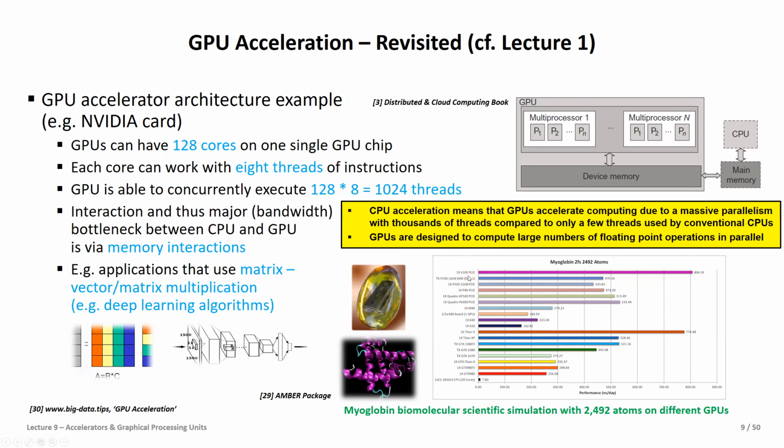And as I was alluding to, the Ampere architecture, which is brand new, is now also coming and even beating the performance of the V100s. This is just a benchmark here, myoglobin with 2,492 atoms on these different GPU architectures.